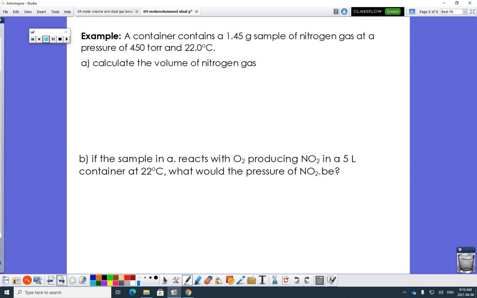So a container contains a 1.45 gram sample of nitrogen gas at a pressure of 450 torr and 22 degrees Celsius. So first of all, you need to remember that nitrogen gas is diatomic, so its formula is N2.